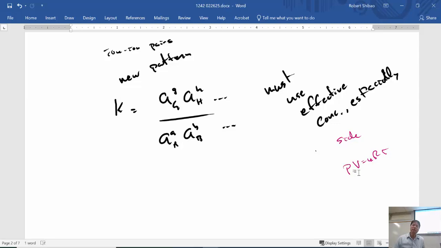Sometimes PV equals nRT fails miserably. So we use something called the van der Waals or the Virial. They're different equations that try to describe real gases.